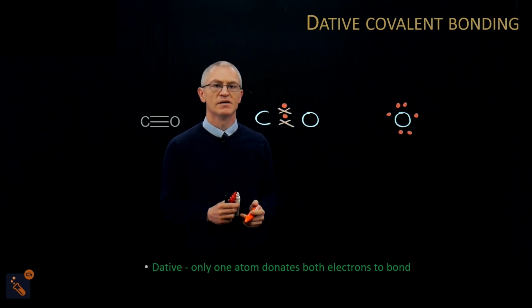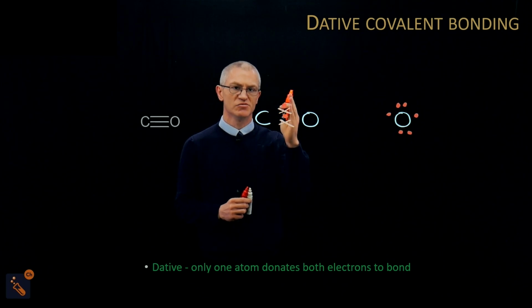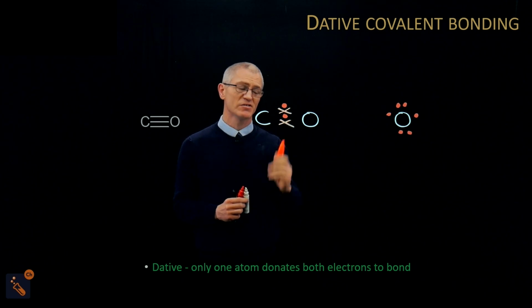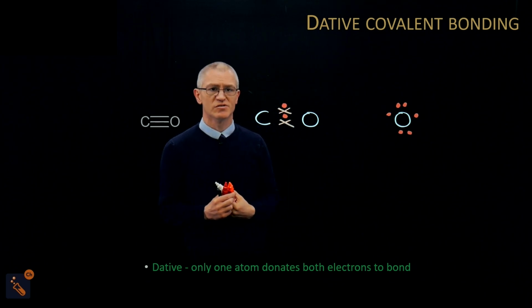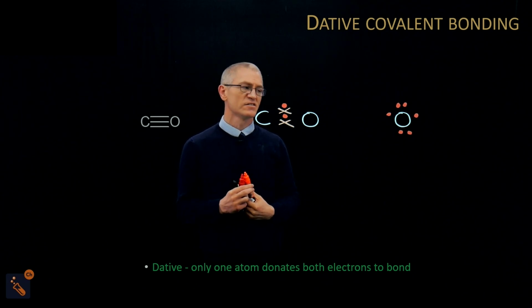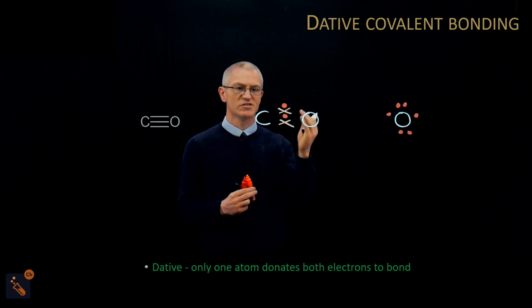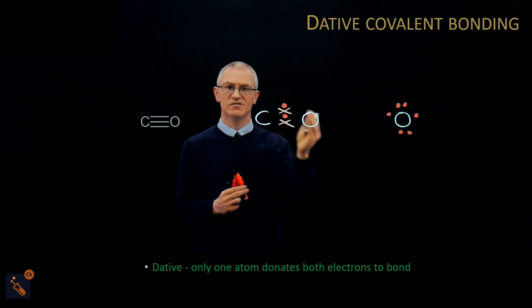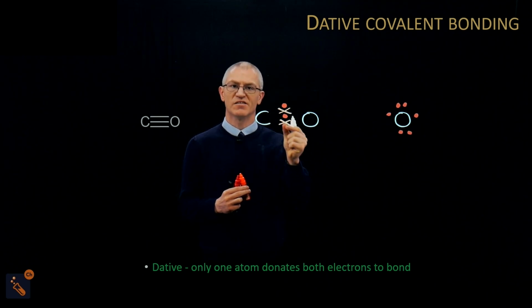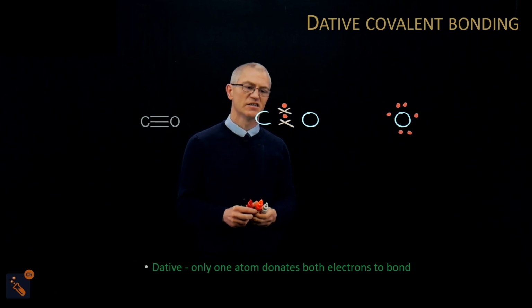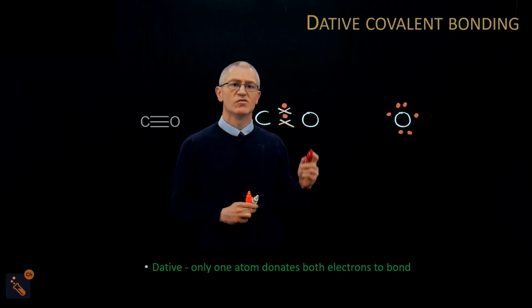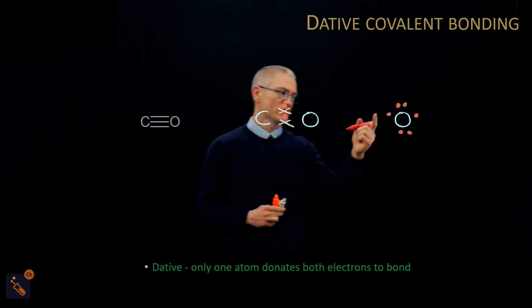So it gets a little bit complicated. You know that that is happening because you've got 3 bonds there. Now we have to do the 3rd bond. The only way in which the 3rd bond can happen is if a pair of electrons is donated from one of the atoms to create that 3rd pair. So what happens is the oxygen will donate one of its pairs.